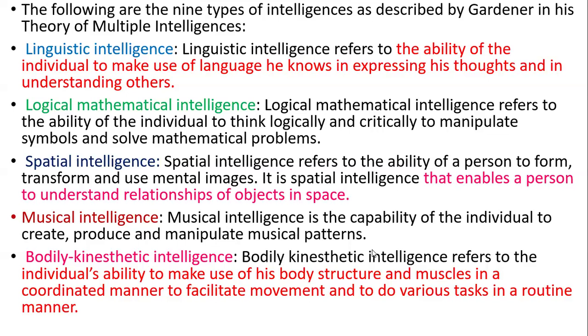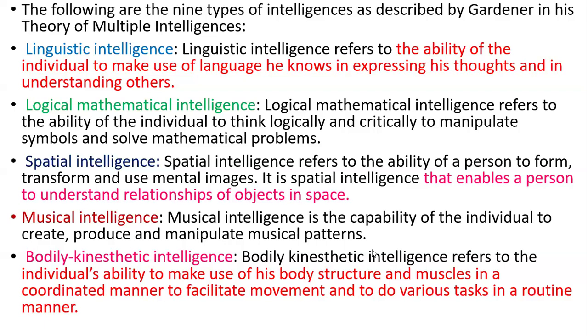Bodily kinesthetic means a person's ability to make his body structure and muscles in coordinated manner to facilitate movement. As an example, if you think of hitting a ball, right? Now imagine a cricketer is hitting a ball. So what are the parts that he has to use? He has to think. He has to use eyes.